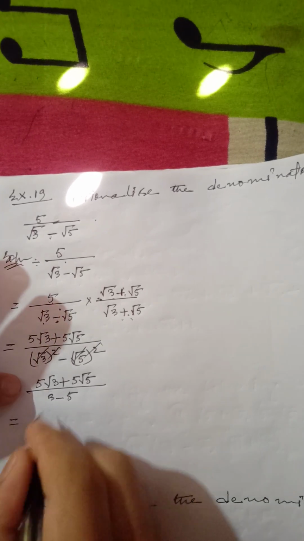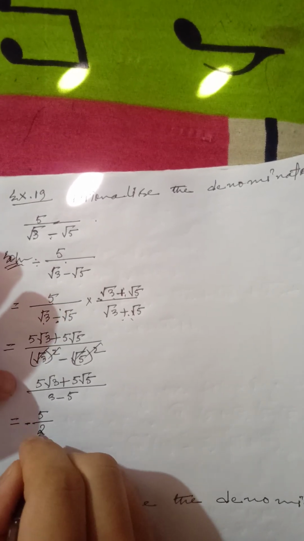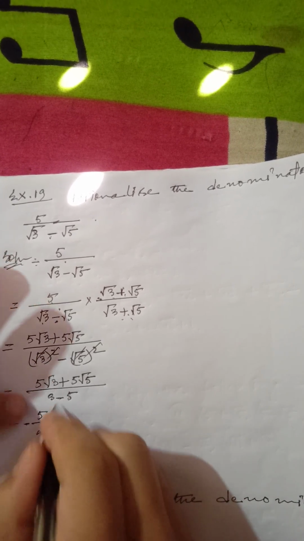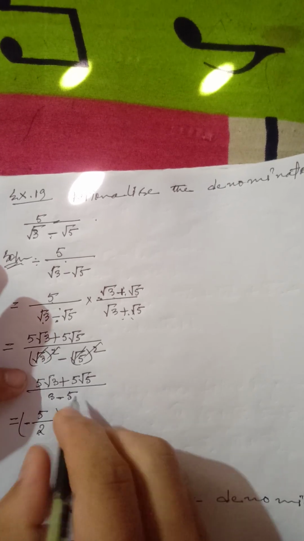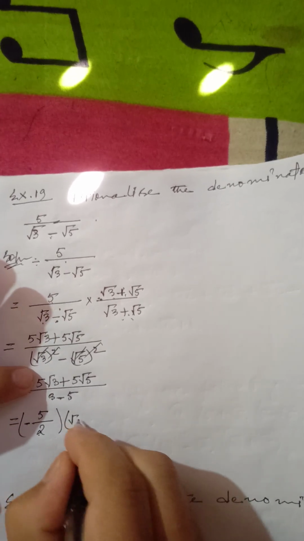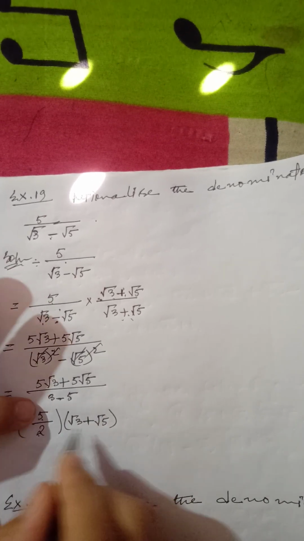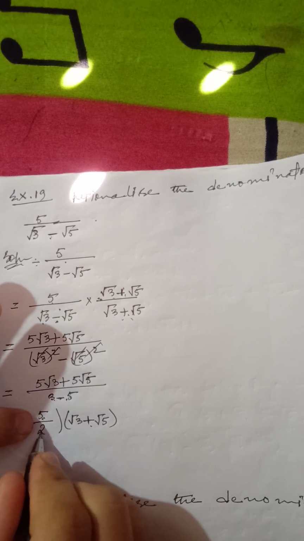So we can write it this way, 5 by minus 2. If you subtract 3 minus 5, that is 5 minus 3 which gives 2, but the greater number has the minus sign, so you have to keep it like this. Then root 3 plus root 5.